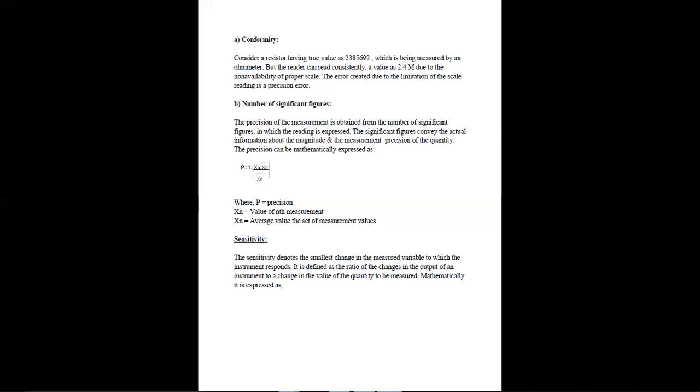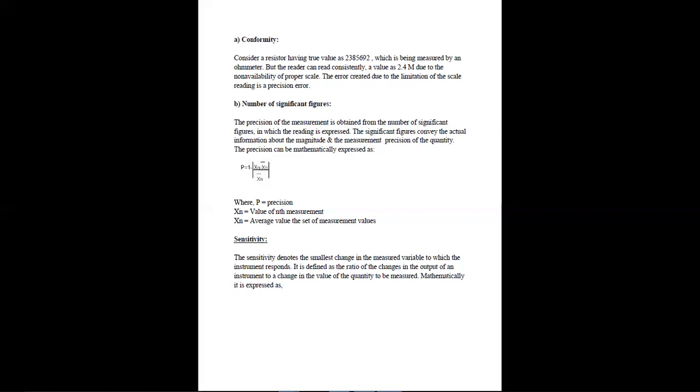Next one is sensitivity. The sensitivity denotes the smallest change in the measured variable to which the instrument responds. It is defined as the ratio of change in the output of the instrument to a change in the value of the quantity to be measured. Suppose we measure the current in a system, and a very small current, that is 0.01 ampere, changes.